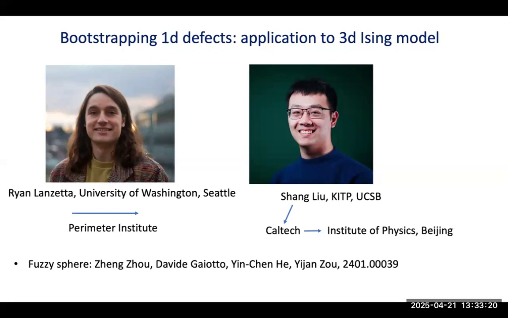And there is some nice parallel work on the fuzzy sphere by Zheng Zhu, David de Gayota, Yin Chen He, and Yizhan Zhou that appeared last year. Throughout the talk, I'll be making comparisons between the numerical bootstrap and this exact diagonalization on the fuzzy sphere. We hope to write this up very soon.